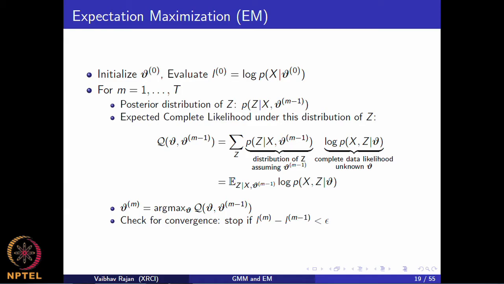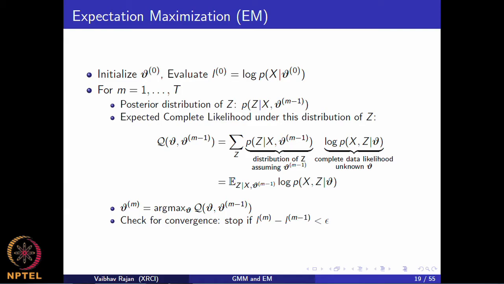First, compute the posterior distribution of z given the current estimate of the parameters. After that, you compute the expected complete log likelihood under this distribution. We will call this the Q function.